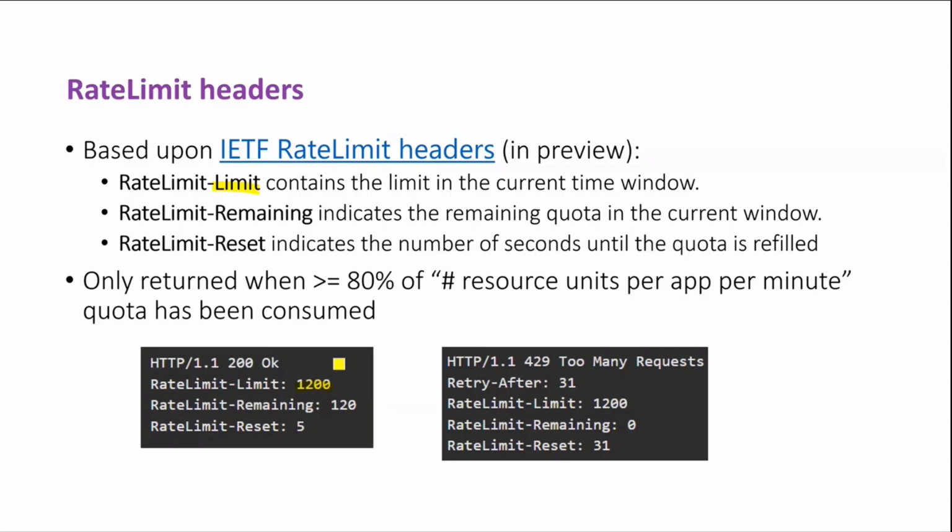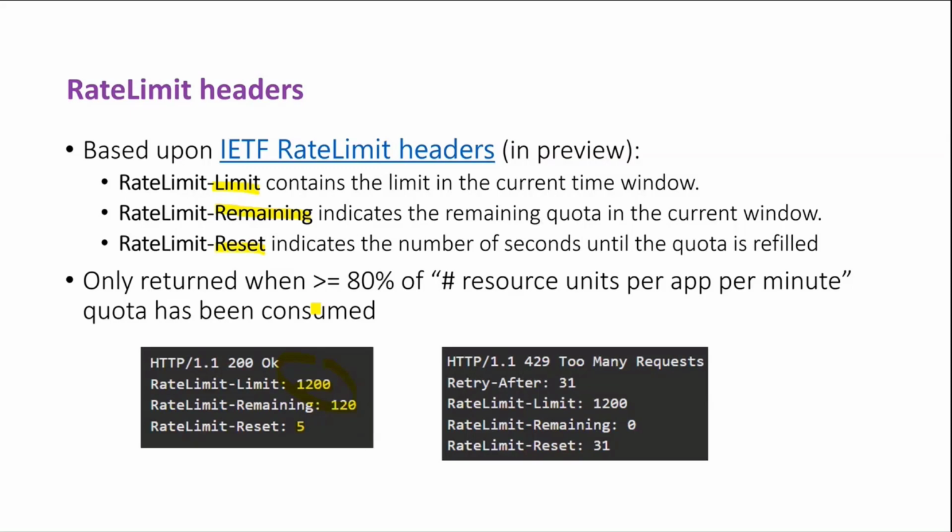So how much can you consume? Where are you? How much is remaining? In this case, there's 1,200, and 120 resource units remaining. And finally, the reset header will tell you when this 1 minute time window expires, and I again start with a new set of 1,200 resource units.